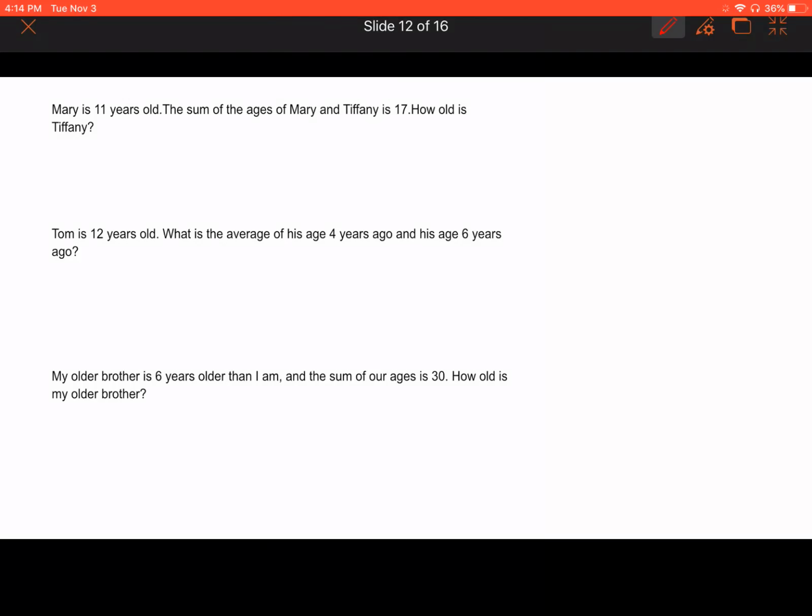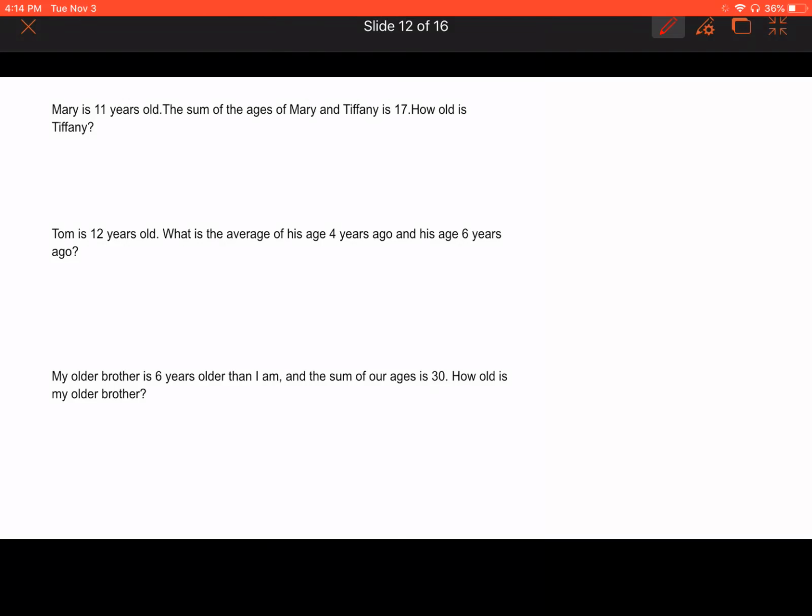Next is the relationship between the ages of the people. If it is a single person or two people, then the ages have to be compared. Writing it as an equation is very important, and we are going to see how we use that in solving these problems.